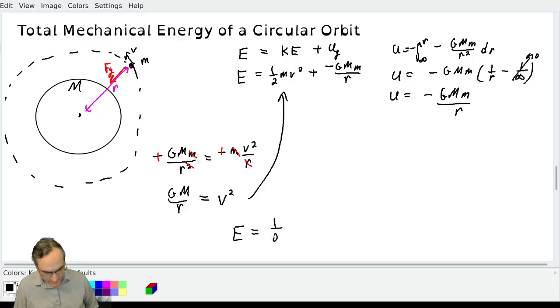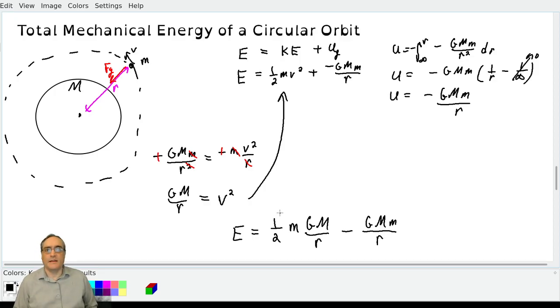So the energy will be 1/2 m big G mass of the central body over radius between the orbiting body and the central body minus big G mass of the central body times orbiting body over distance between. These look pretty similar. In fact, they almost are the same, except they don't quite have a common denominator yet. One has a 2 on the bottom, the other doesn't.